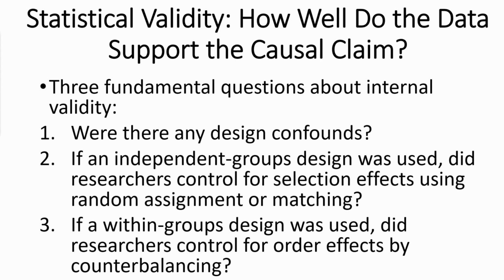So is there some other variable that accidentally covaries or systematically varies along with your intentional independent variable? So with our pasta group, they made sure that everybody had the same kind of pasta. In the lecture notes video, they made sure that both groups saw the same videos. So have you controlled for as many things as possible? Are you sure that there aren't any design confounds?